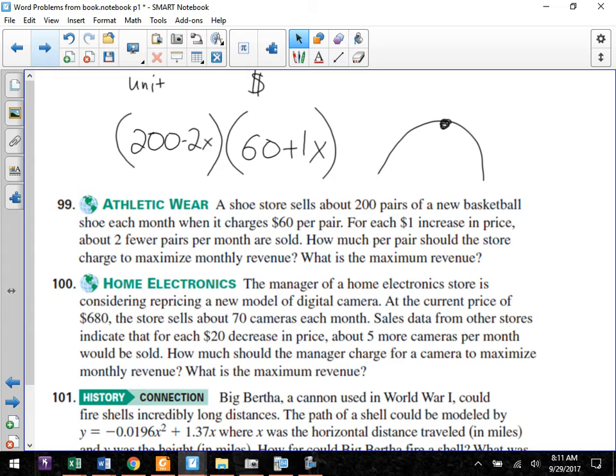You could throw it in your calculator, or think about what form this is. Not vertex form, it's intercept form. Intercept form is when you can calculate your zeros. Can't I find my two zeros, take the midpoint, and that gives me my vertex? That's what's quick about these.